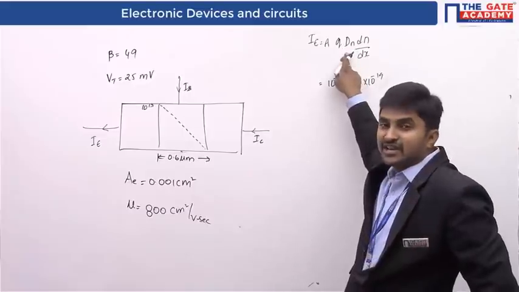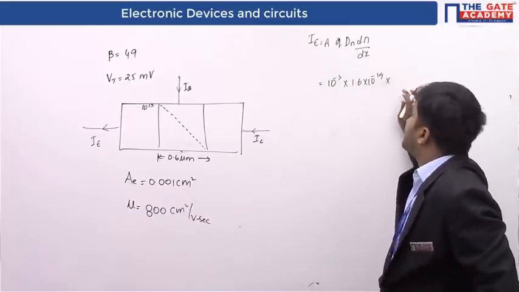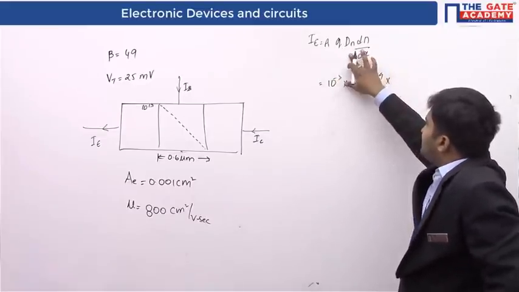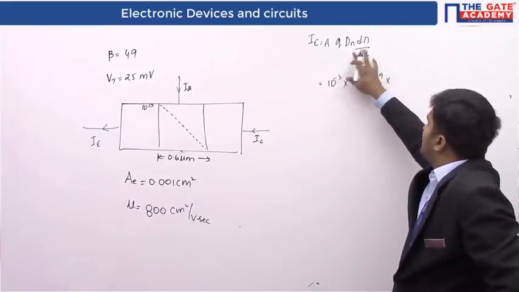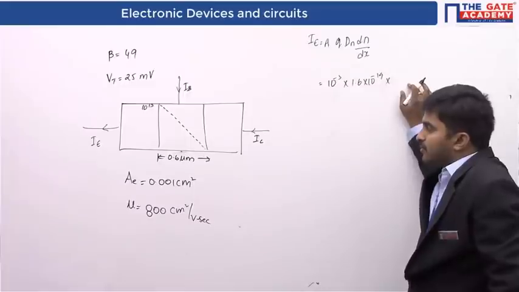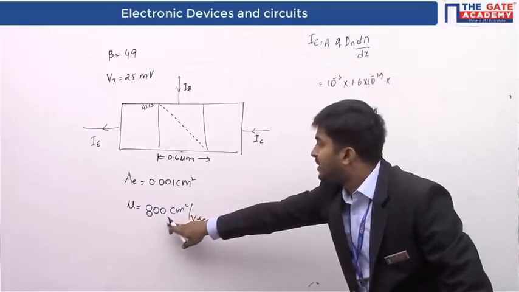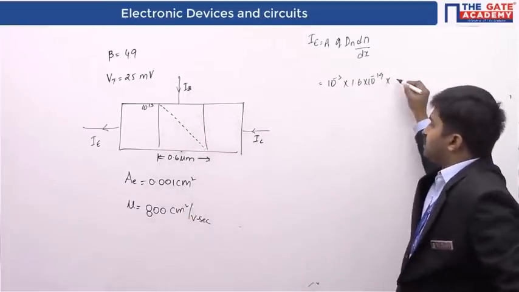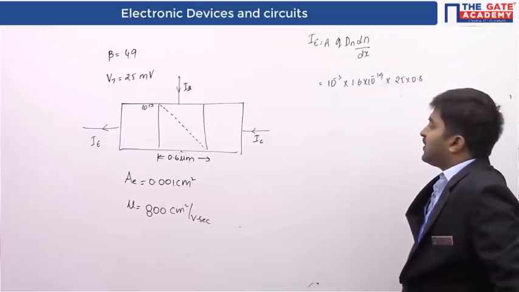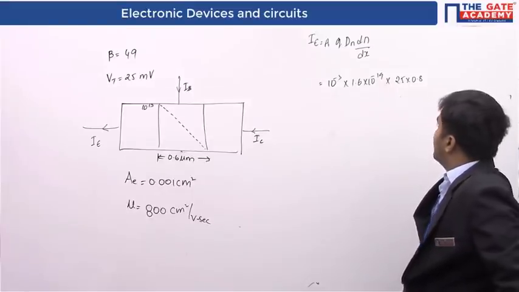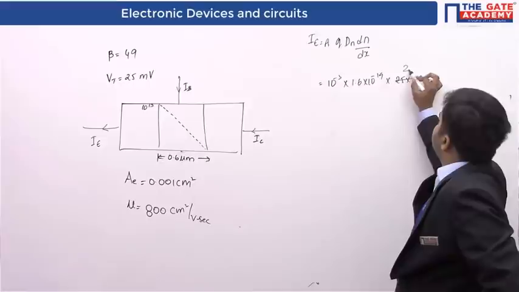dn is not directly given in the question. What is dn? The dn value is going to be equal to mu n multiplied by Vt. Mu n is given to be 800 multiplied by Vt, so 25 into 0.8, which is going to be equal to 20.